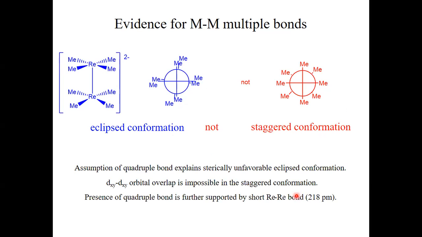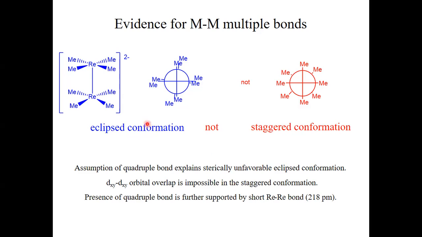Now, there are other indications. For instance, in this direnium complex, you find that the 2 tetramethylrhenium units are in the eclipsed conformation and not in the staggered conformation.